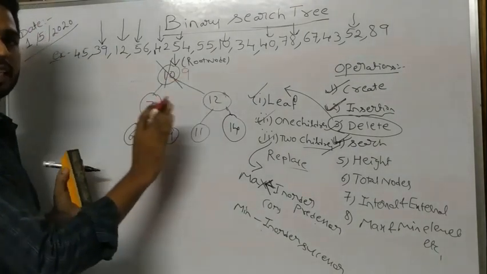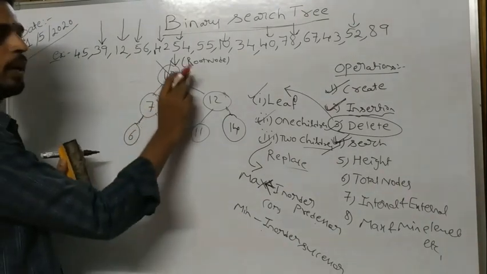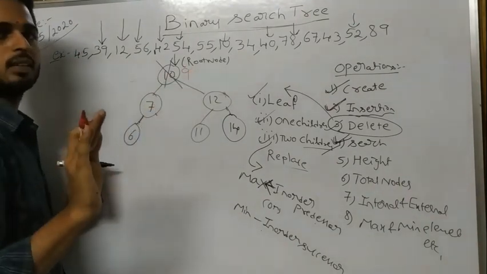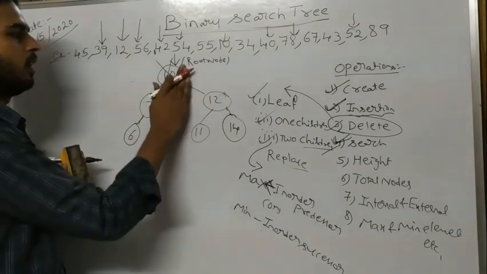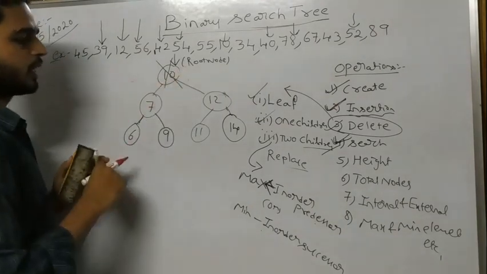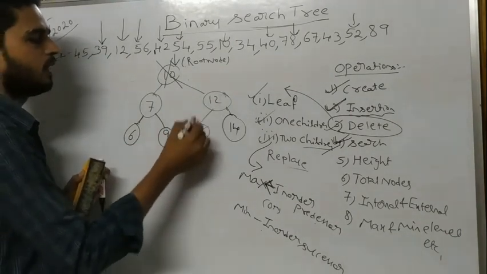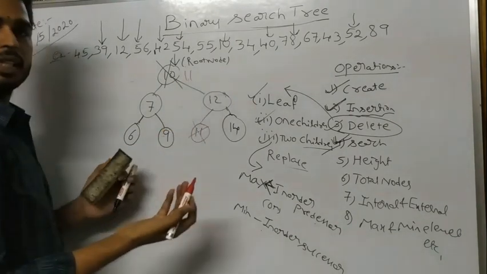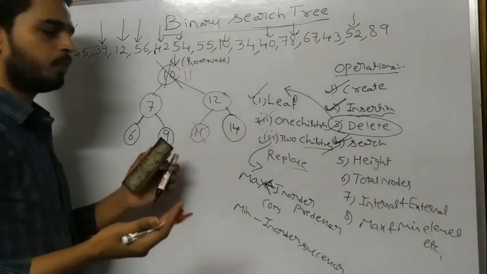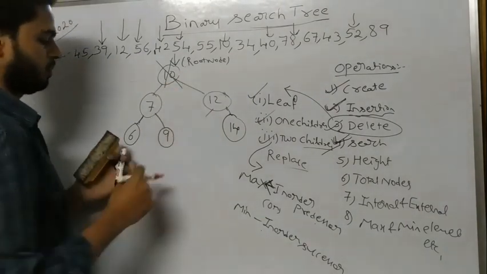There is no other modification we need to do. We make only one modification. Or take the minimum value from the right side. I will remove this 11 and make a copy. In this case also there is no need for much modification. So this is the best process.